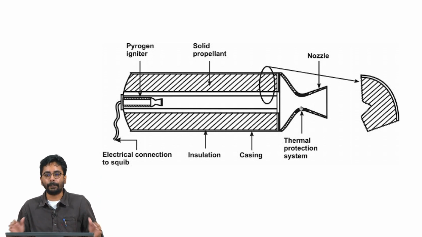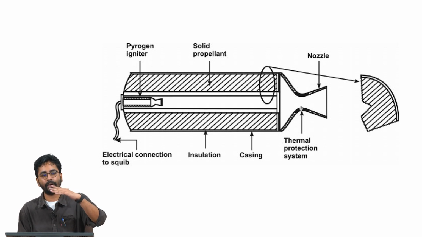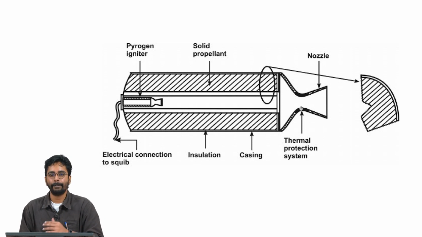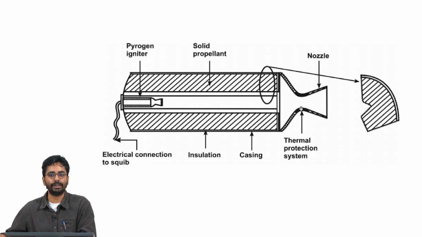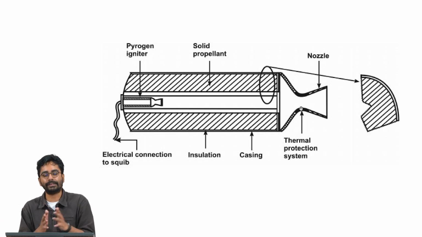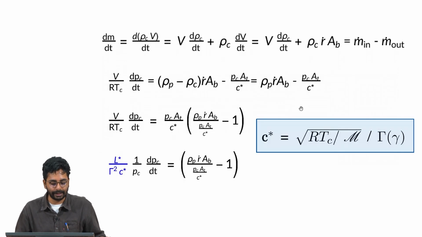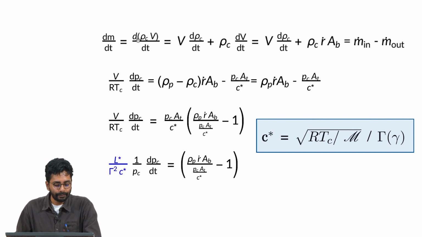So, the pressure inside the port is controlled by the rate of generation of hot gases because of the combustion of the solid propellant, and the rate of outflow of hot gases through the nozzle. This balance controls the pressure inside the rocket, and we can simply calculate it by a mass balance equation, which is the rate of change of mass in the port.